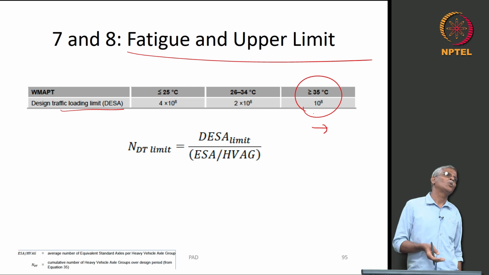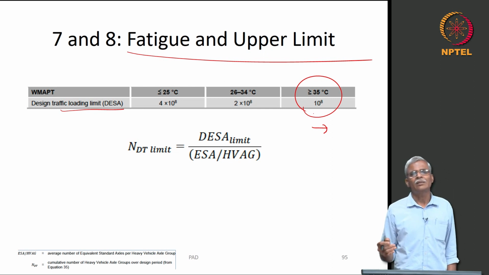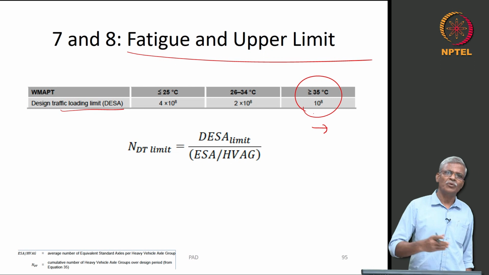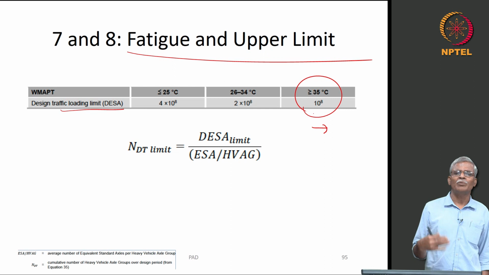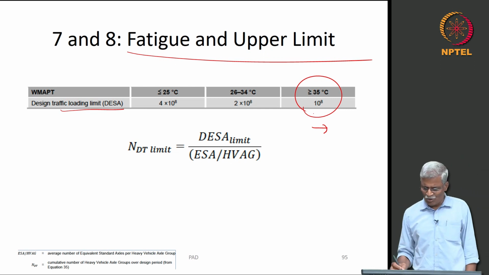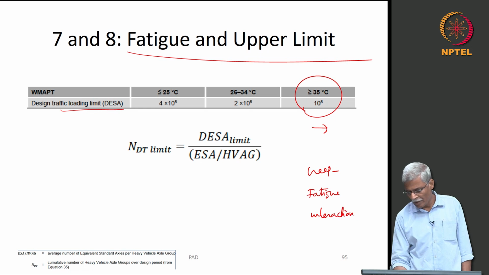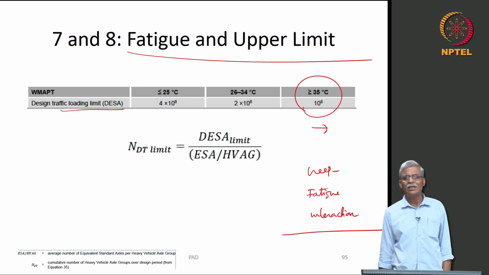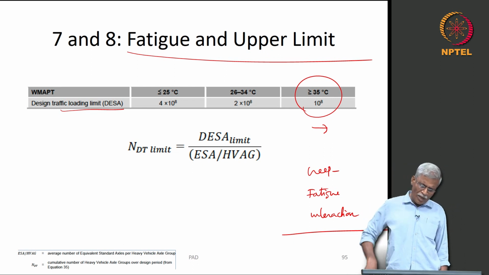So, there is something to do with stress relaxation, healing and all those things that can happen, and some of them happen at different temperatures, and at high temperature what can happen, there could be an accumulated permanent deformation, and there is also a lot of interesting issues related to creep and fatigue interaction.